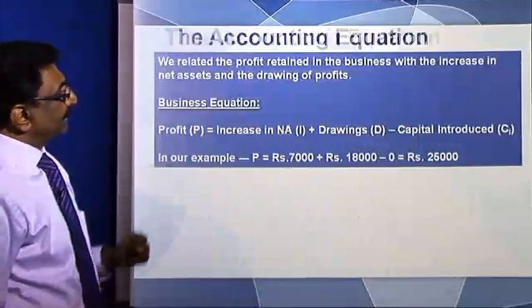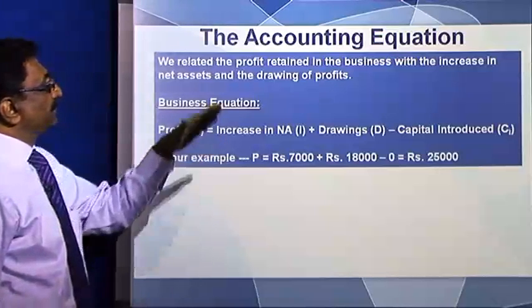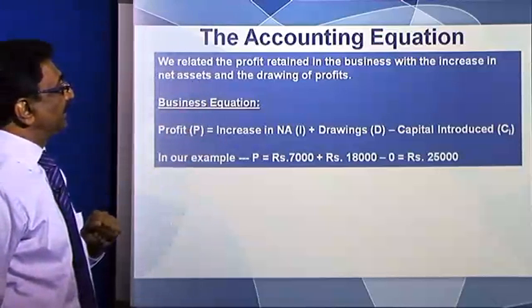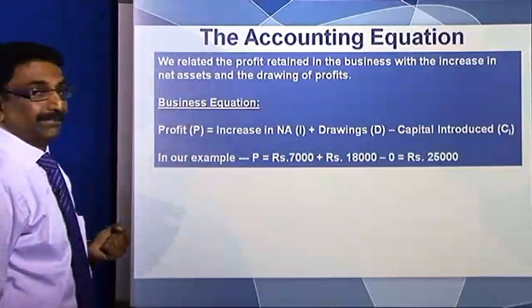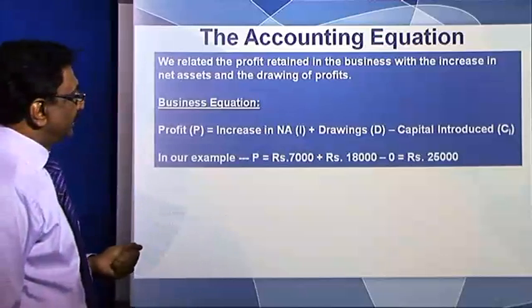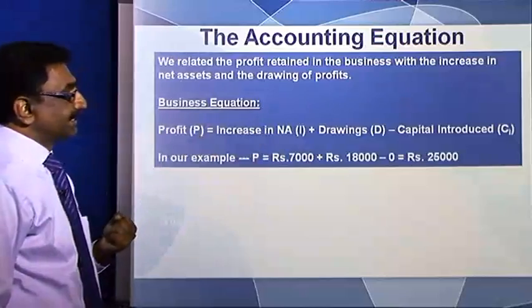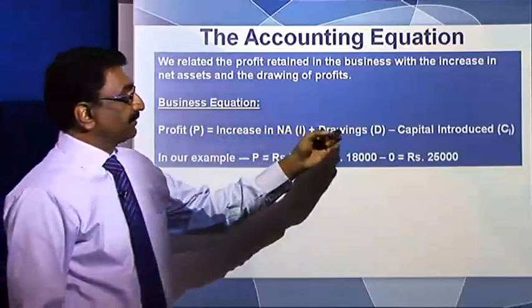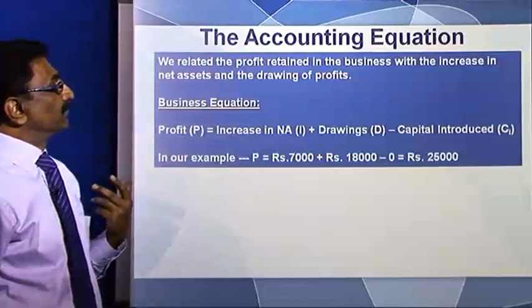Okay. I want to now introduce a new concept. We have seen how retained earnings relate to net assets. There is another concept called the business equation. If I need to find out how much profit was made during the year, I can take the increase in net assets plus the drawings, the money that Ram, for example, took away for his personal use.